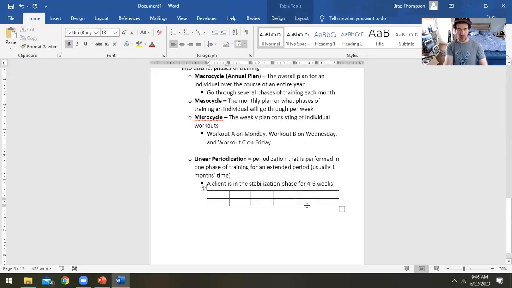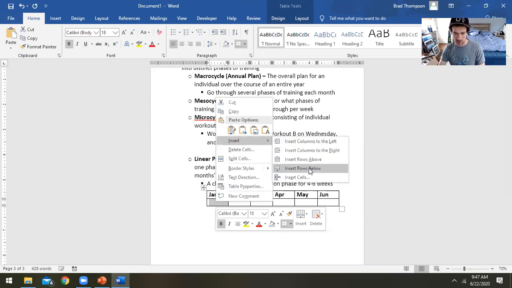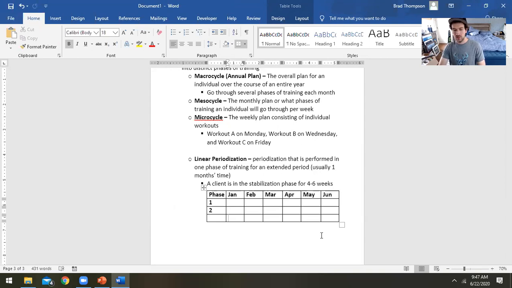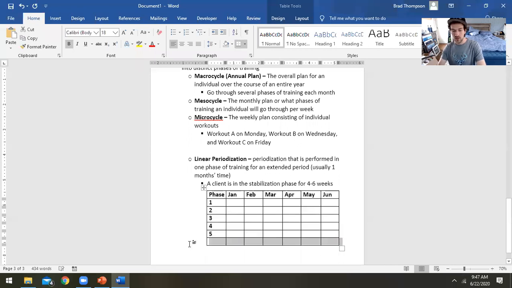We are going to call this January, February, March, April, May, and June. Okay. And I need one more column. Insert column to the left. Phase. So we've got phase 1 here, phase 2, phase 3, phase 4, and phase 5. Okay.